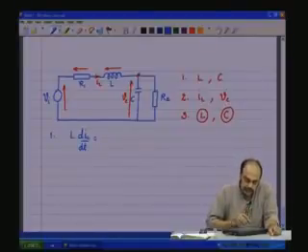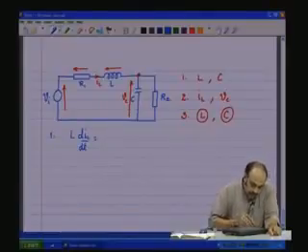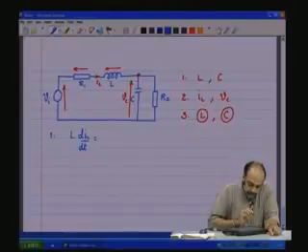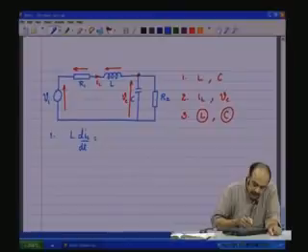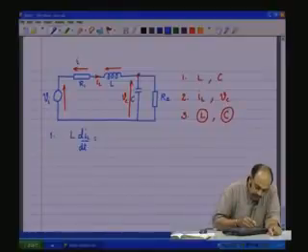Now, the voltage across the inductance should be expressed only in terms of these variables. Now, what is the voltage across R1 here? The voltage across R1 can be expressed in terms of the state variable. The current IL is flowing through R1, and therefore, it has to be IL R1.